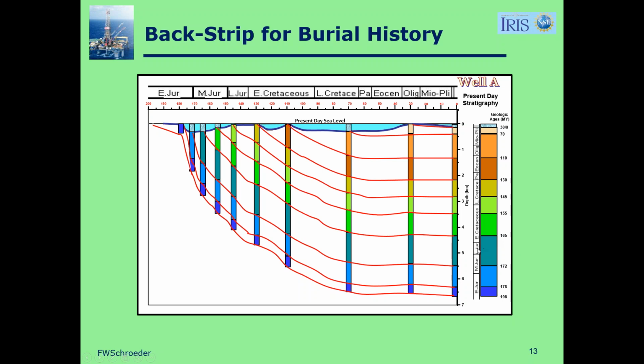Now, as an example, I'll call this one jade. If this jade formation is my source interval, I can see how that has gotten buried from the time of deposition to present day. And I would also like to try to deduce what that thermal history has been. And given that, our geochemists can then calculate how much hydrocarbon has been generated and the history of that generation of oil and generation of gas.